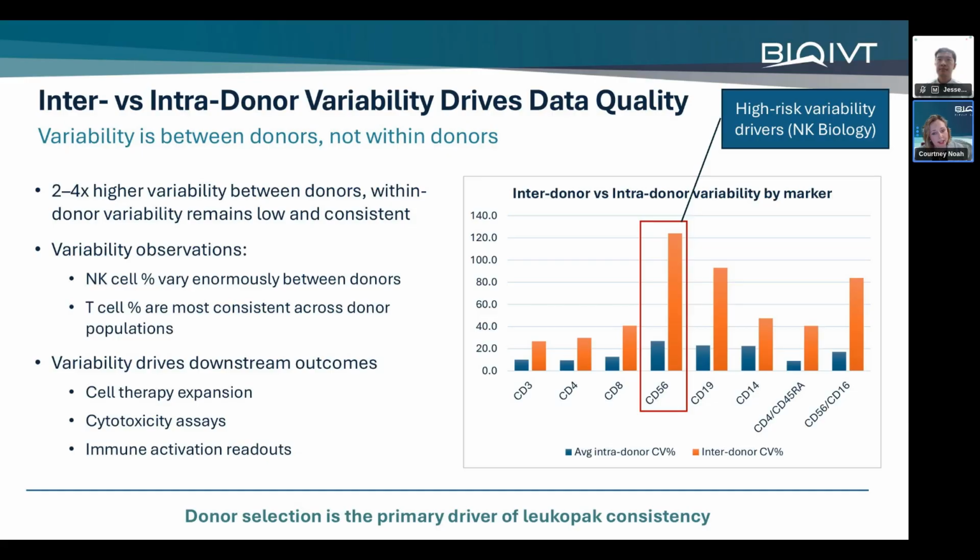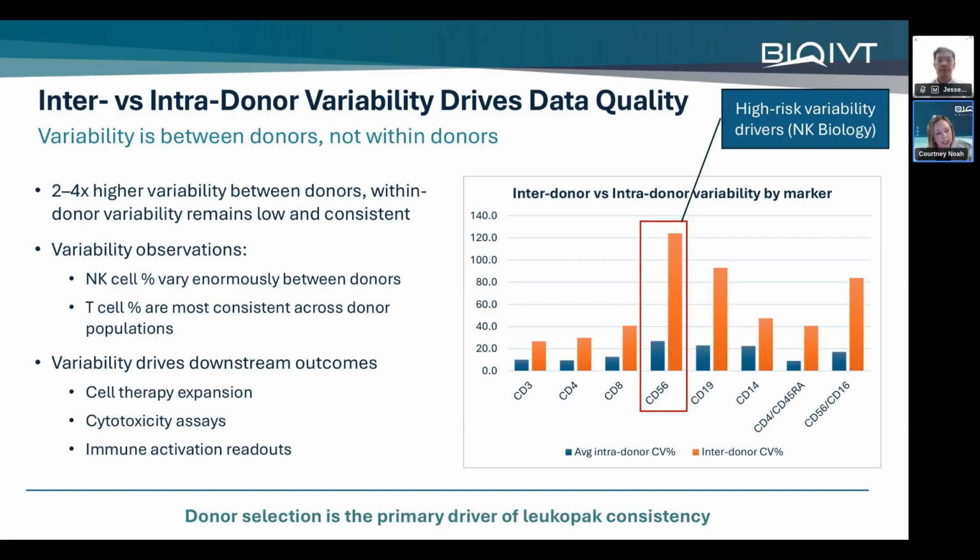But within donors, which speaks to collection consistency and reproducibility within the donor themselves, we see much lower variability, and the donors are able to stay pretty stable with their immunophenotypes.